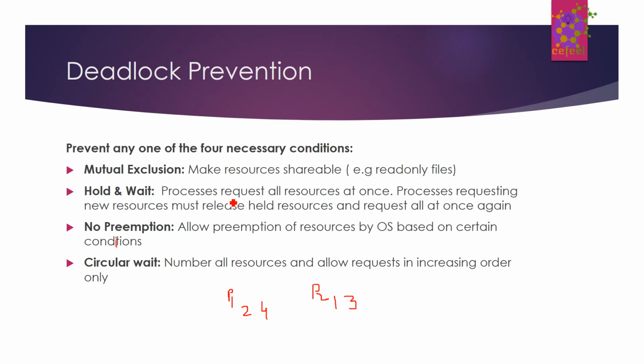Let's say P1 also needs 3, so it has to request in 1, 2, 3 order. Since 2 is allocated to P1, P2 will be stuck here, so P2 won't be allocated resource 3, and hence there will not be any deadlock, because P1 will go ahead and allocate resource 3. So these were mechanisms to prevent deadlock.